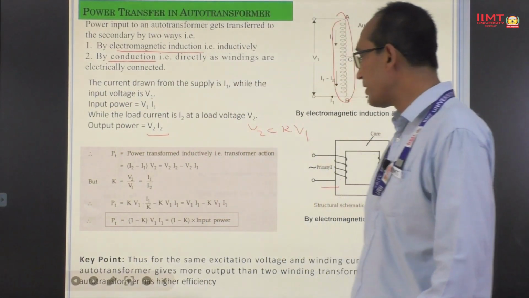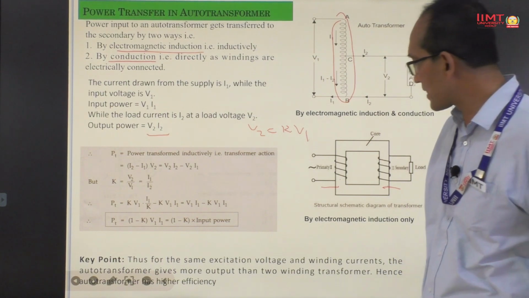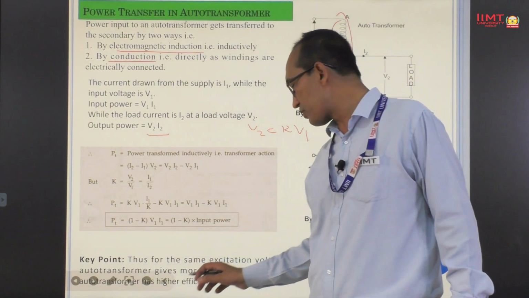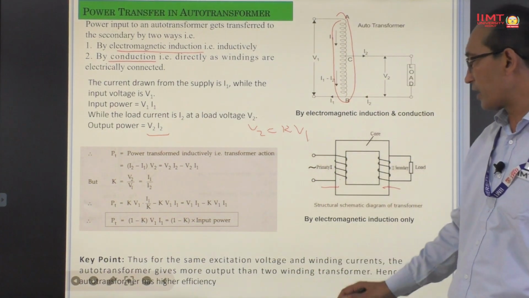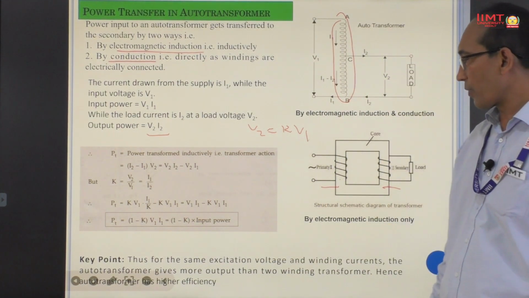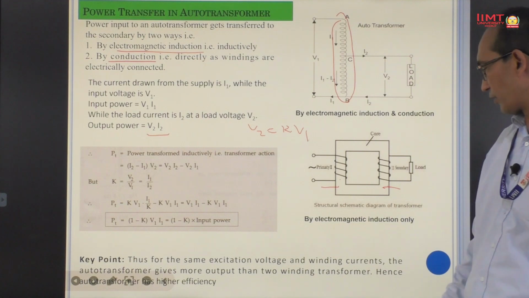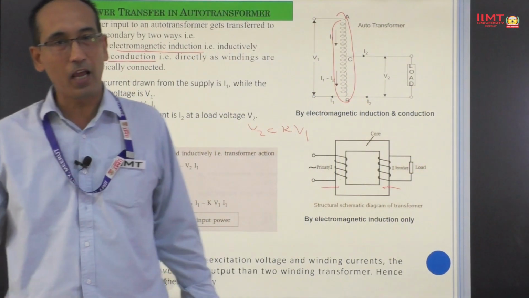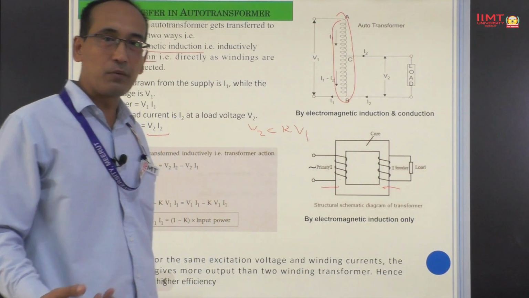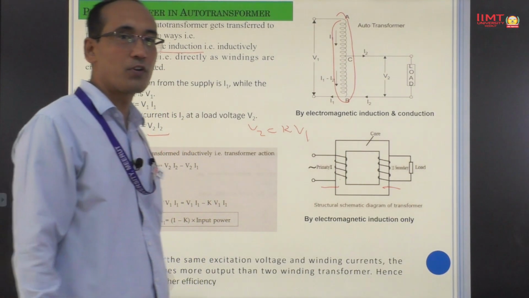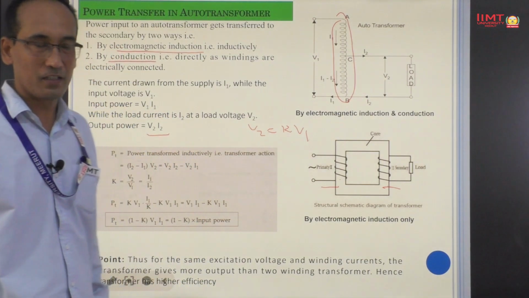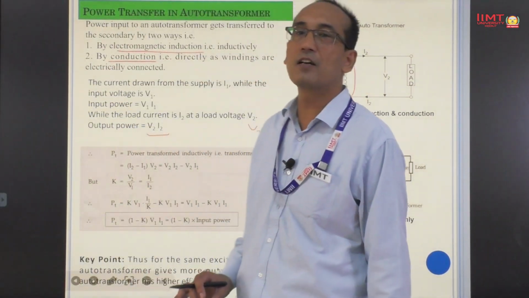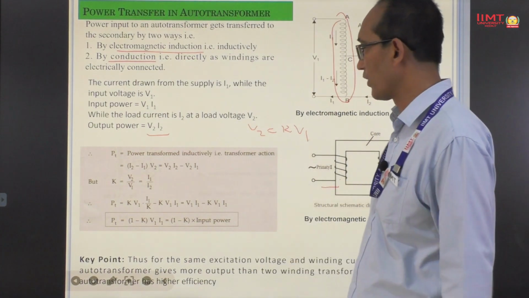So definitely, for the same excitation voltage and winding currents, the auto transformer gives much more output power than a two winding transformer. Hence we can say the auto transformer has better efficiency as compared to a two winding transformer.